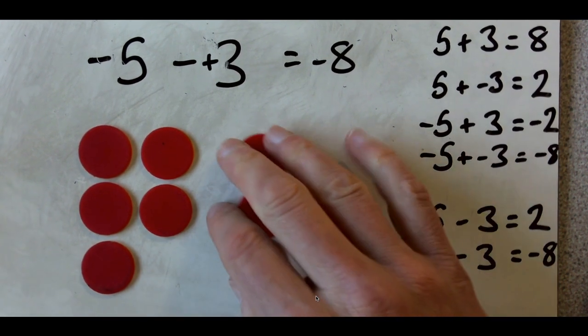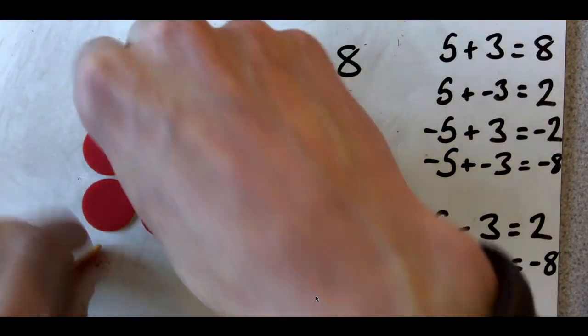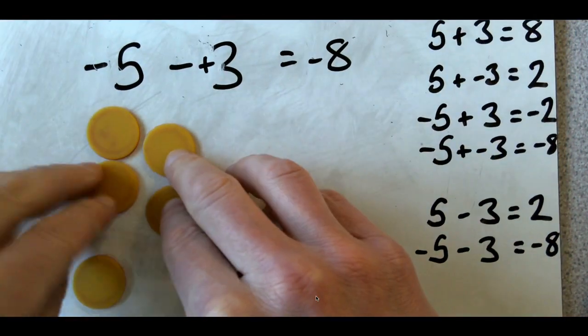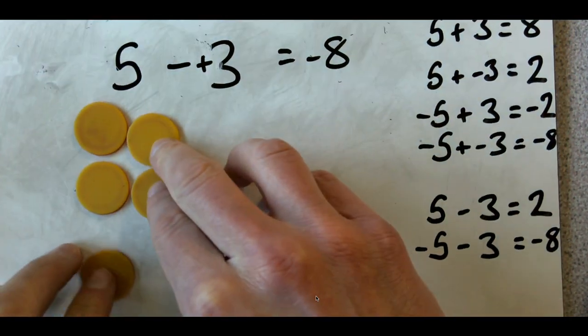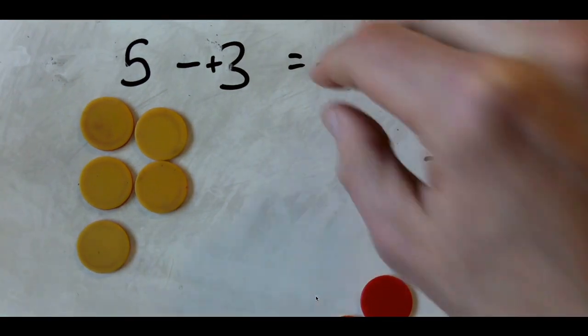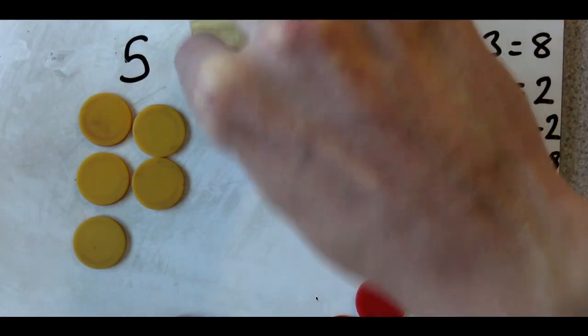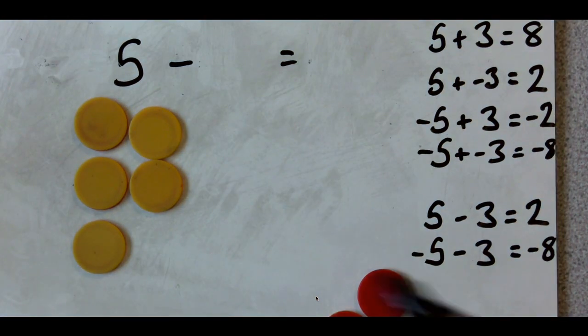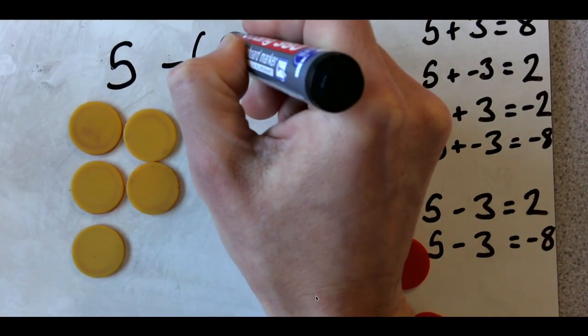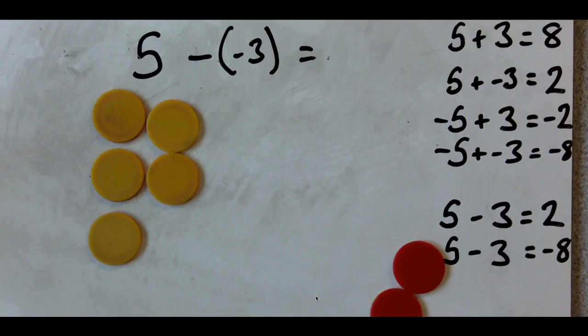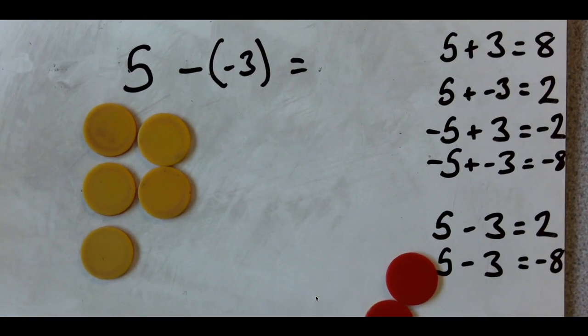Okay, our next one we're going to have is +5 take away -3. So again, hopefully you should see a little similarity.